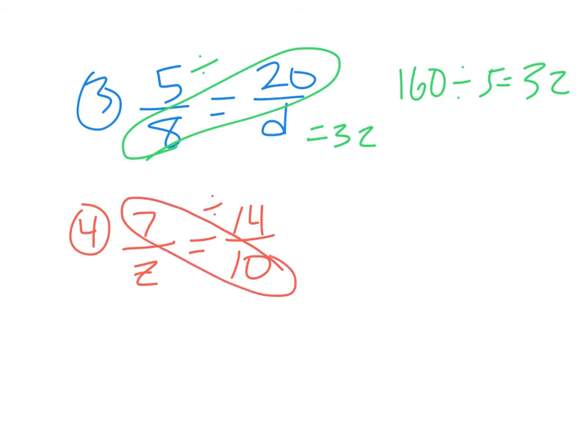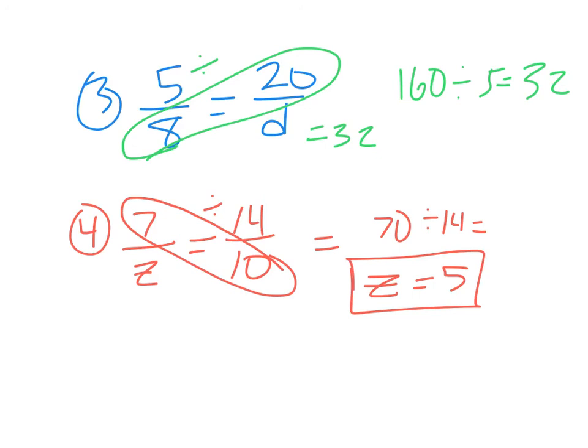And then divided by? 14. So 7 times 10 is? 70. 70 divided by 14 would be? 5, I believe. Correct. z equals 5. Did you do that in your head? Well done. It would have taken me a while. I'd have been like, 14 plus 14 equals.